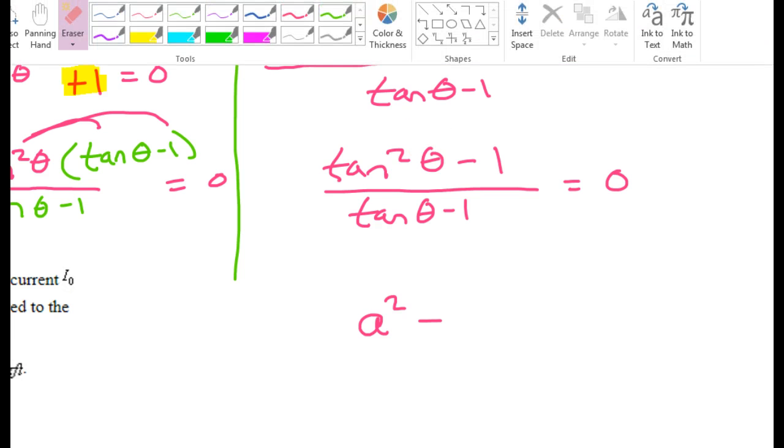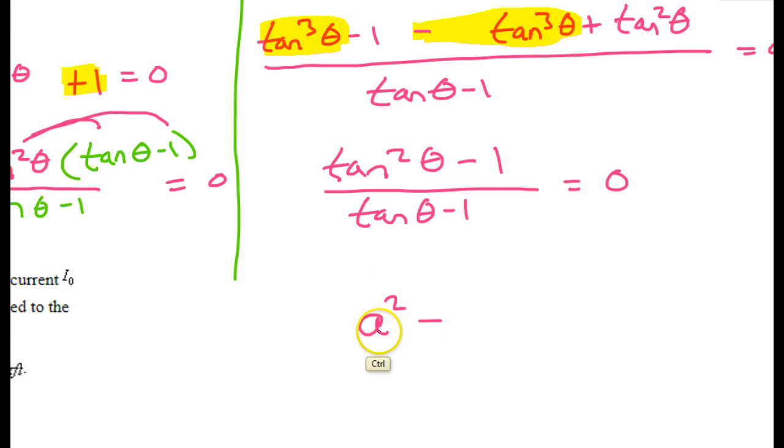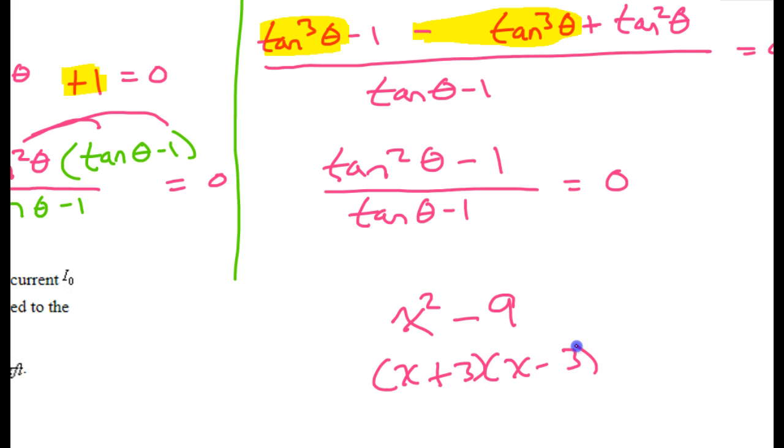Say if I had, instead of a squared minus b squared, say if I had a squared minus 9. Would you agree? Oh man, a and 9, those look too much the same. Let me not use a. Let's say I had x squared minus 9. You would agree that this would be x plus 3 times x minus 3, right? Okay.